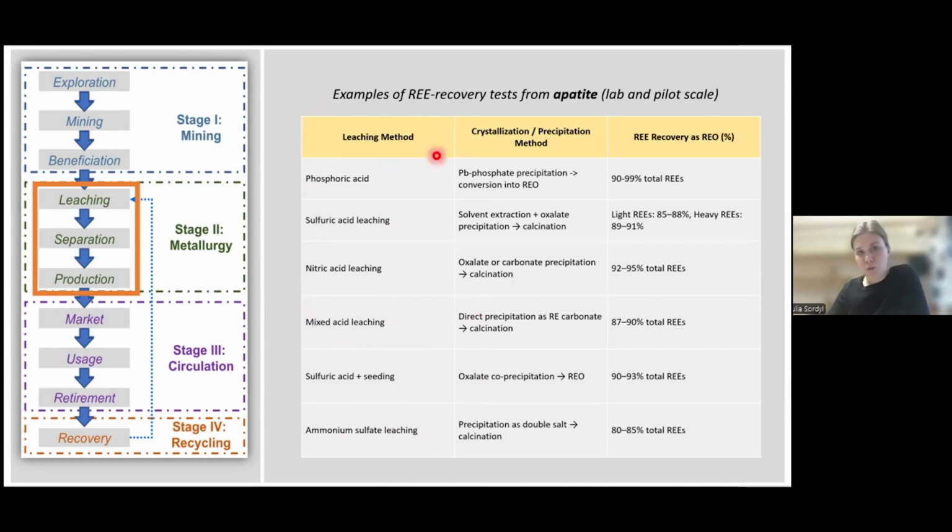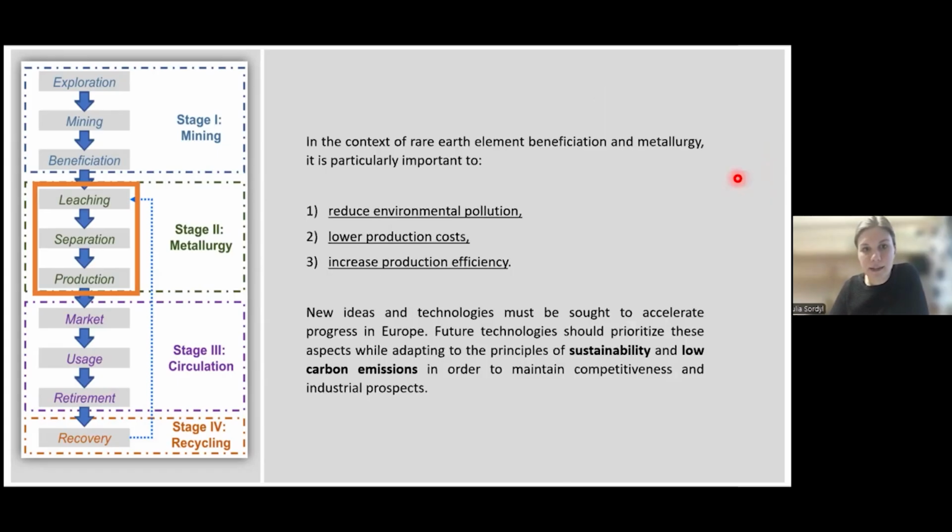So usually approaches are focused on using organic or inorganic acids to leach REs and then to precipitate them. And the tests yield quite satisfactory rate of RE recovery, but it's lab and pilot scale. Hopefully, it will be similar when it is tested in a bigger scale.